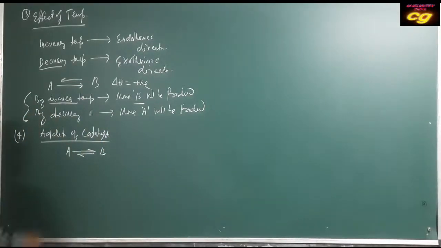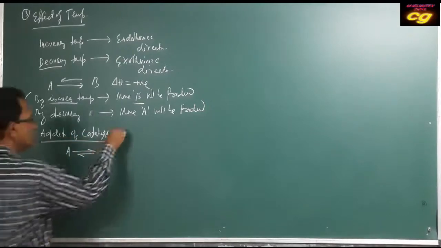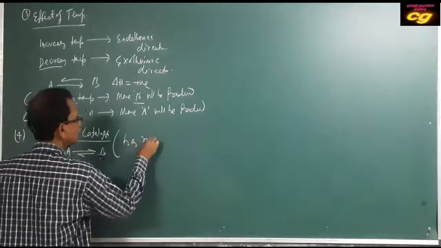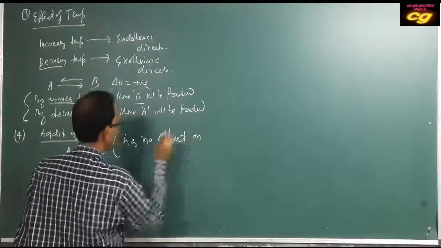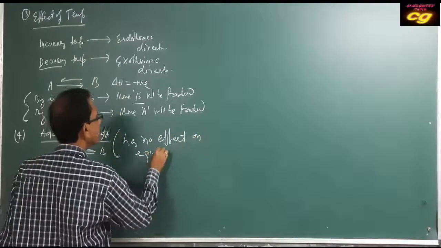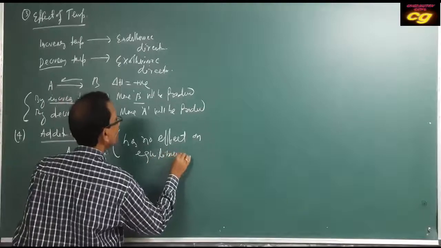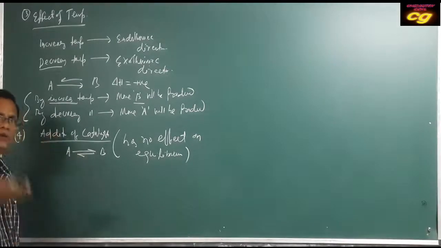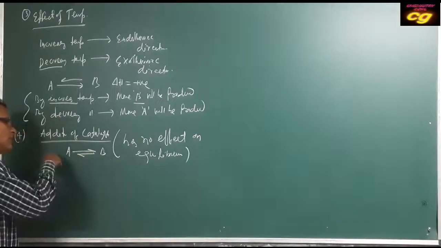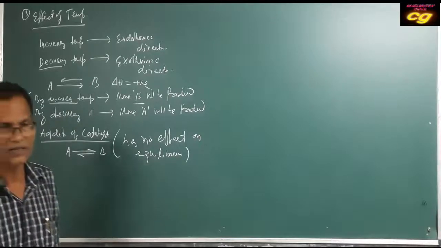That means addition of a catalyst has no effect on equilibrium. Why is there no effect on equilibrium by addition of a catalyst? Because a catalyst increases the rate in the forward direction and backward direction in the same way, at the same time.